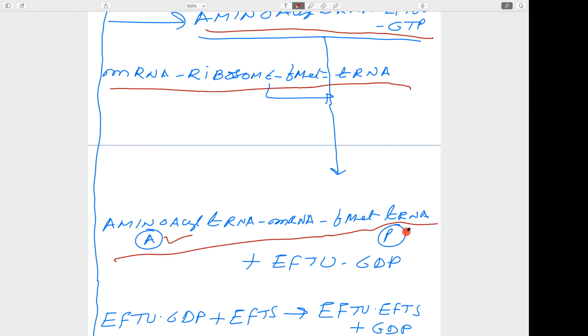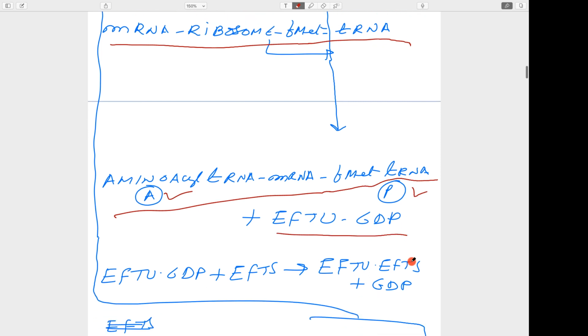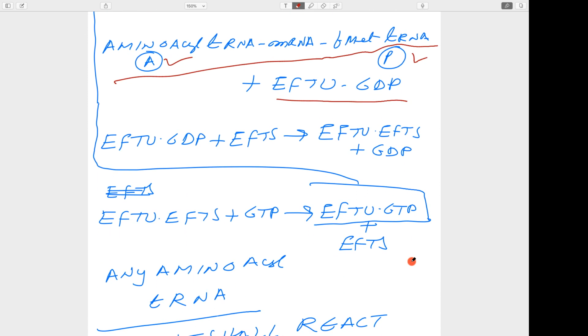This is the A site, this is the P site. Here GTP is hydrolyzed. EF-Tu GTP plus EF-Ts leads to EF-Tu EF-Ts and GDP, and this EF-Tu EF-Ts combines with GTP to give EF-Tu GTP, and EF-Ts comes out.